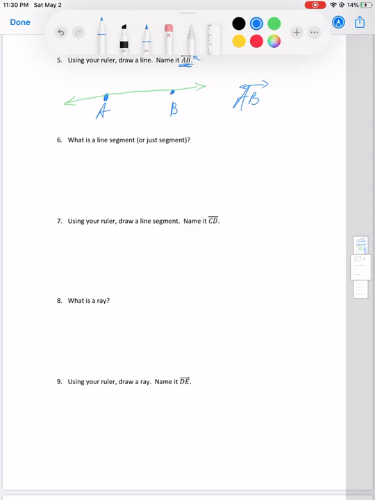What is a line segment, or just segment is what they really call it. So we'll talk about segments. And so a segment is a part of the line between 2 points. Okay, so we have a part of the line between 2 points on the line.